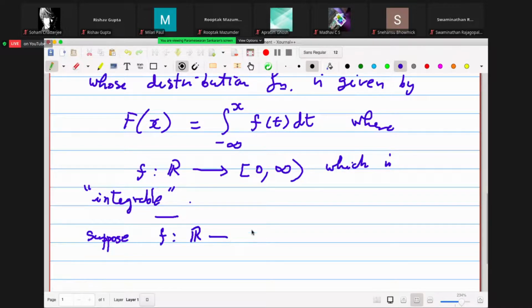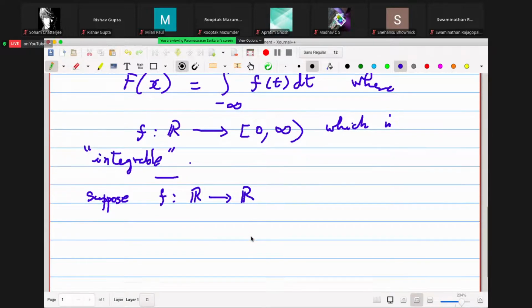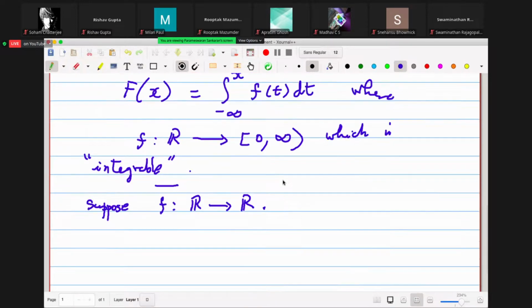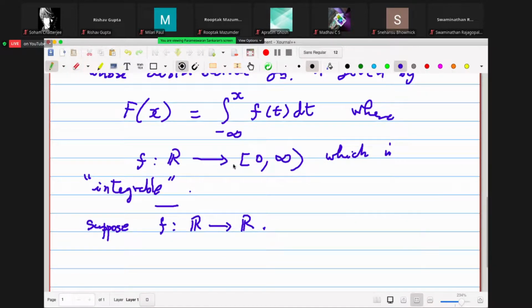So suppose you have a function from here to here. First of all, let me say one thing here. So examples, and this is all that we need to worry about. You don't need to worry about too many other things.